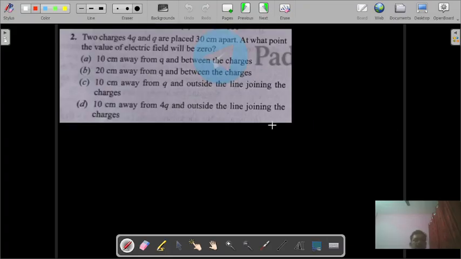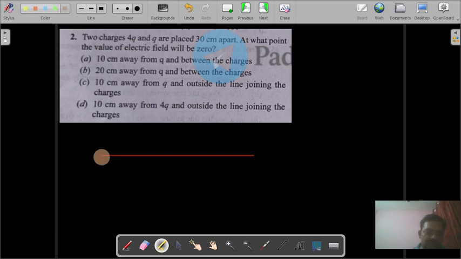Next we see two charges 4q and q placed 30 centimeter apart. At what point will the value of the electric field be 0? So we again draw the two charges. We have the charge plus 4q, and we have another charge here which is q.